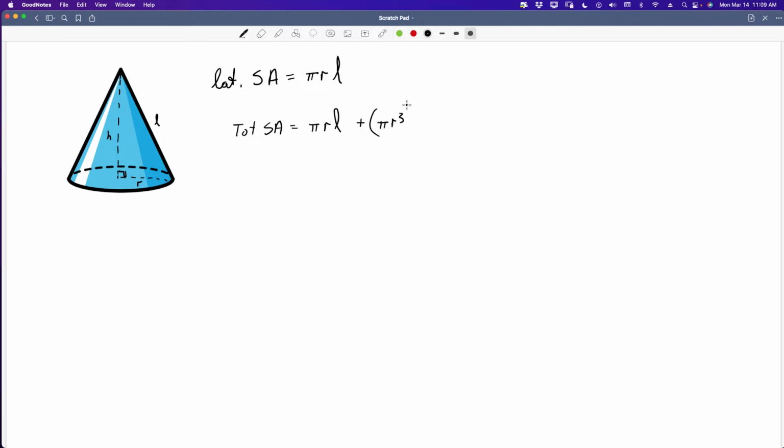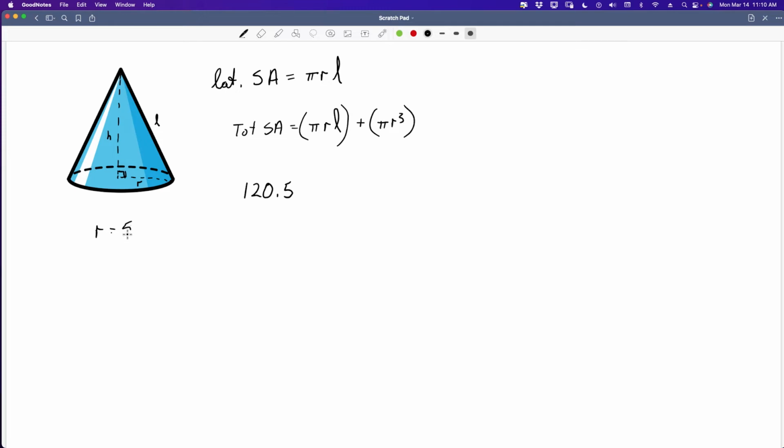Okay, so you'd have this calculation and this calculation added together to get the total surface area of a cone. So let's practice that. I'm going to skip and do 120.5, and then we'll come back to the surface area of a pyramid next. So we have the cone here.